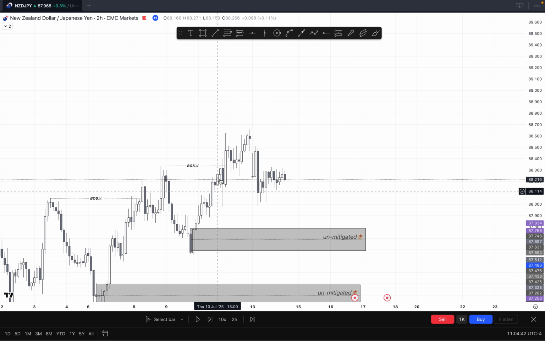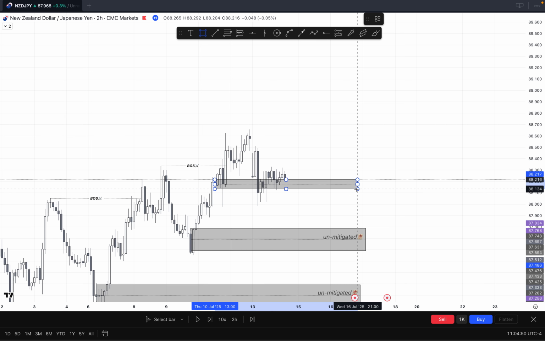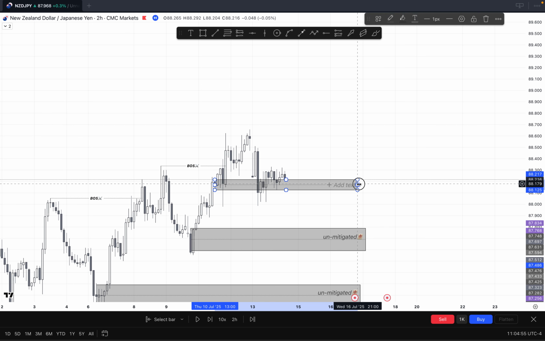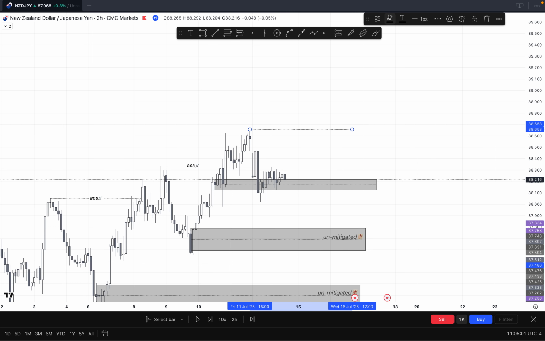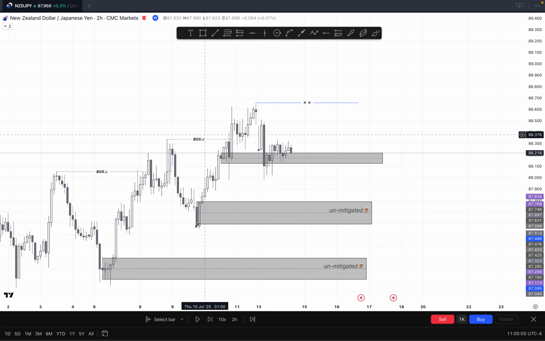So this is the current order block right here for me, this candle right here. This is the current market high. And this is the current market low.